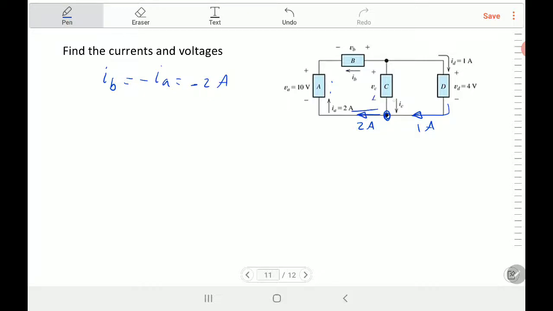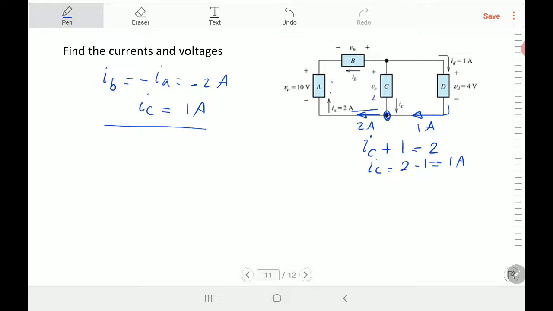What is the input? IC and this one. So we'll say IC plus 1 ampere equals the output, 2 ampere. So IC is equal to 2 minus 1 ampere. You got IC is equal to 1 ampere. We did the node.